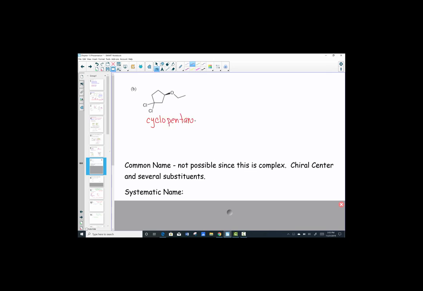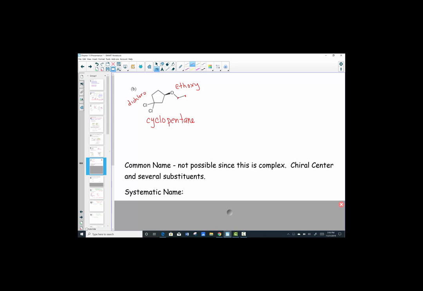So the parent name here is going to be cyclopentane. And everything else just gets named as a substituent. This substituent is 2 carbons long, and so we know to call it ethoxy. Here, at this particular site, we have a dichloro.